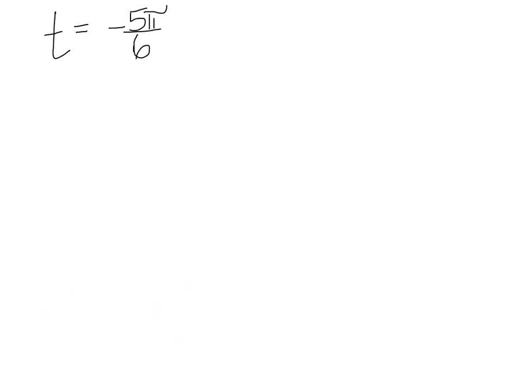You can also reason through it. Your negative angle is really just a reflection. If 5 pi over 6 is right here, and I reflect it over my x-axis, negative 5 pi over 6 is right here. So when I say negative 5 pi over 6, what positive angle are we really talking about? 7 pi over 6.